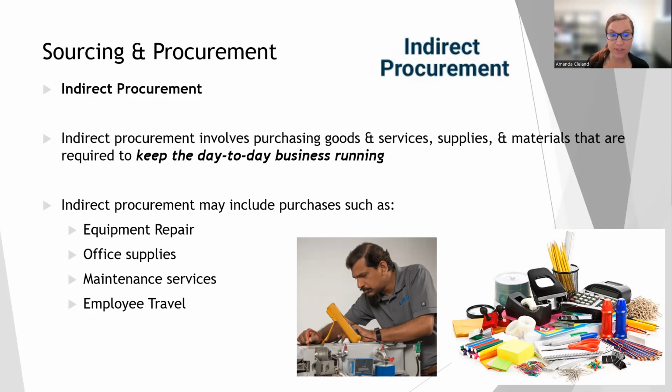It could include office supplies. It could include maintenance services. It could include employee travel. We still need these types of purchases to happen in order to keep our business running, but they aren't directly related to that core product or service that we are creating for our customer.